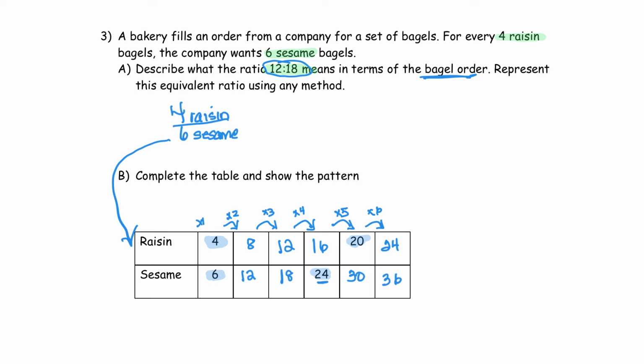And all I have to do is answer the question, describe what the ratio 12 to 18 means in terms of the bagel order, and I can see that it's already been completed in my table down here. So basically, think about that. So how could we actually write it?